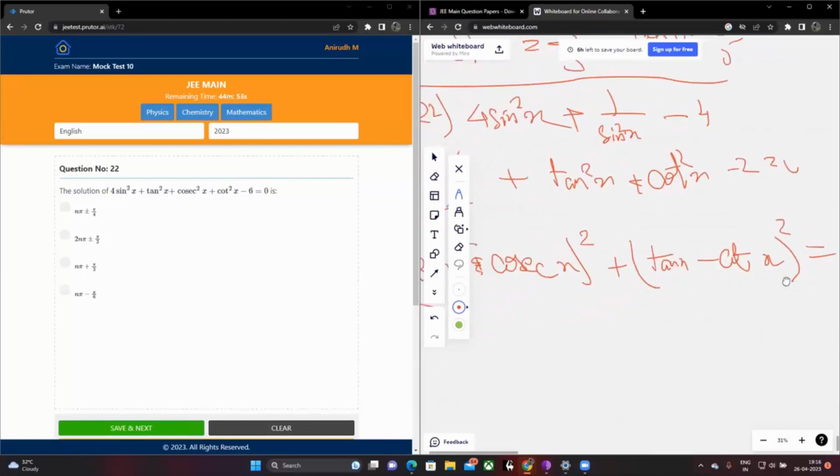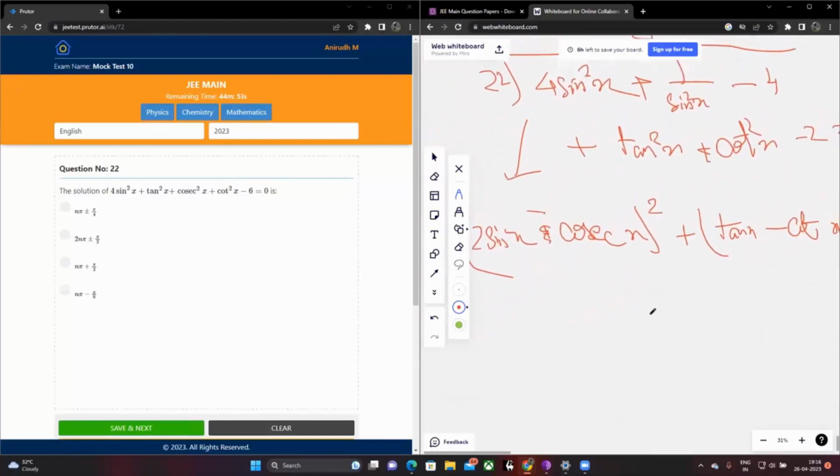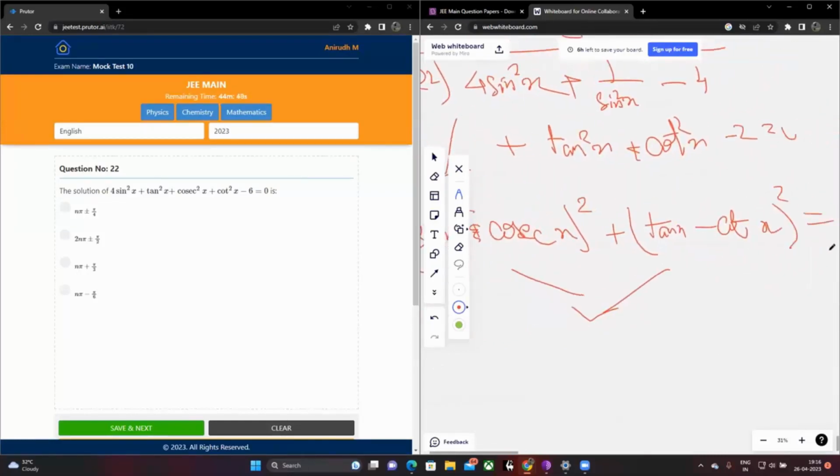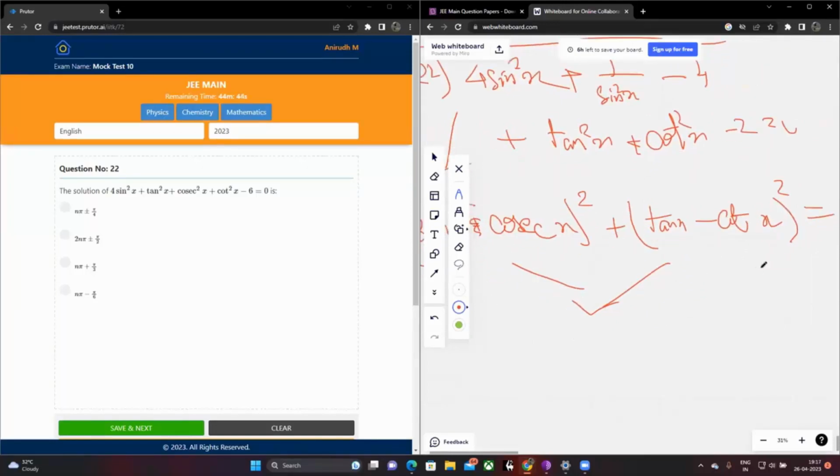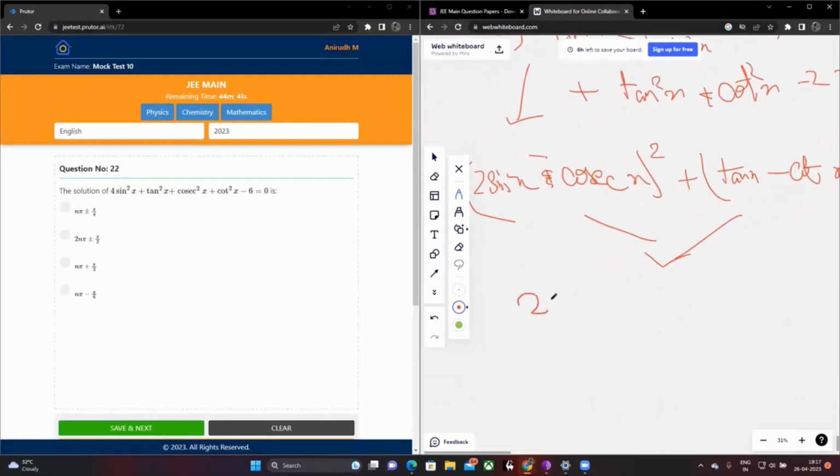And so you have the property for sum of squares that if the sum of two squares is 0, both the squares are 0 because the square cannot be negative, right? And so basically 2 sin x equals cosecant x, that is A. And so sin square x is basically 1 by 2.